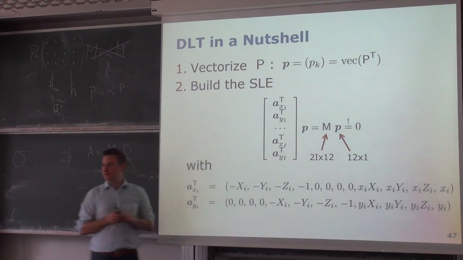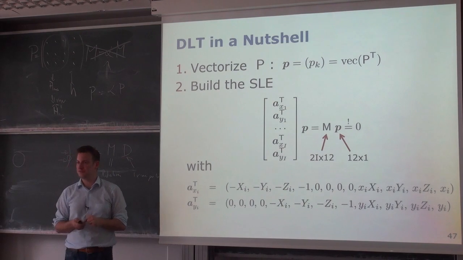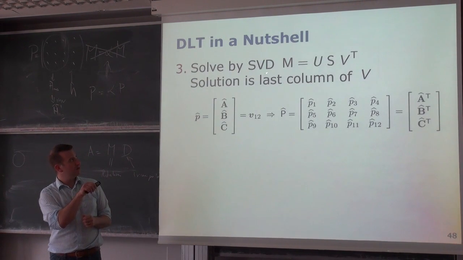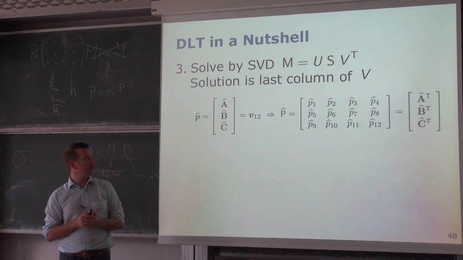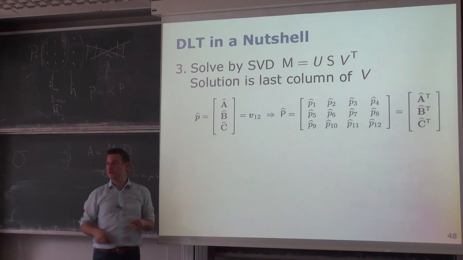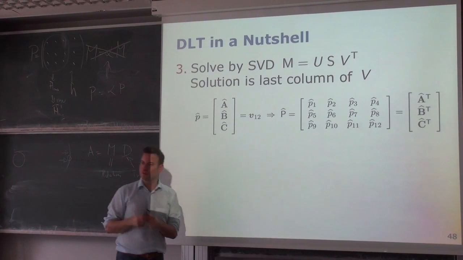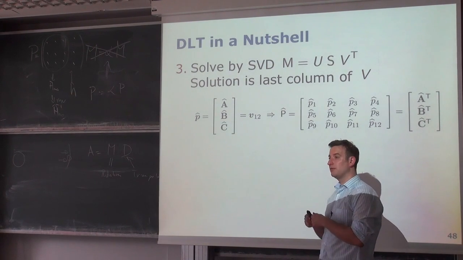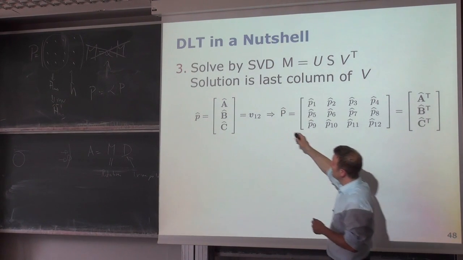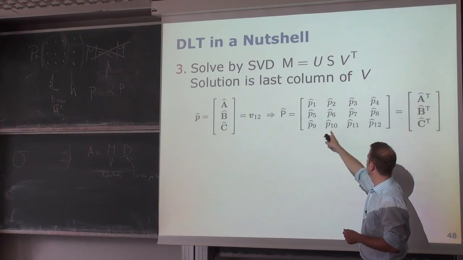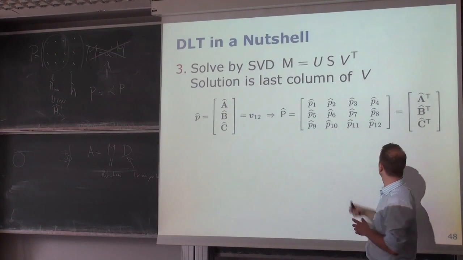Once you build up your matrix M, you apply the singular value decomposition on this matrix M. So, okay, you compute the SVD, which gives you those elements, and then you look into the matrix V, take the eigenvector which corresponds to the smallest singular value, and this specifies all those elements of your projection matrix.